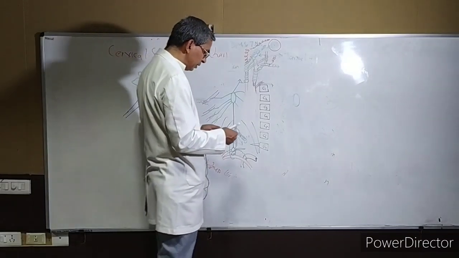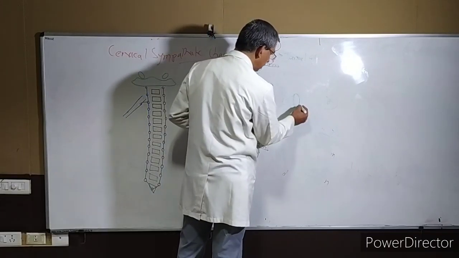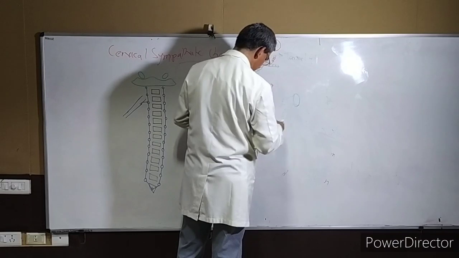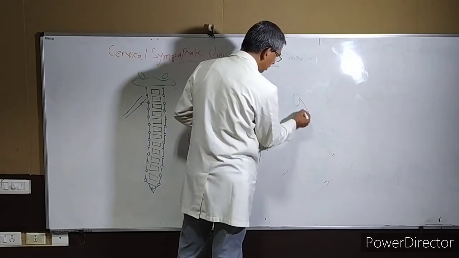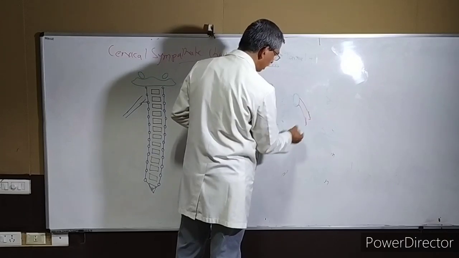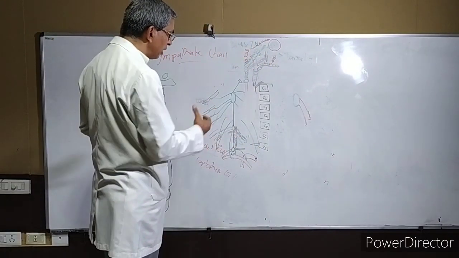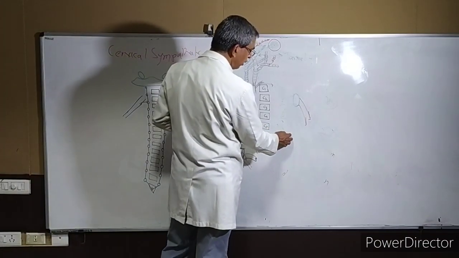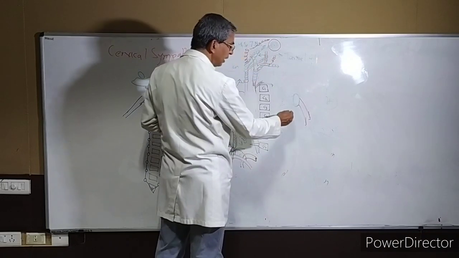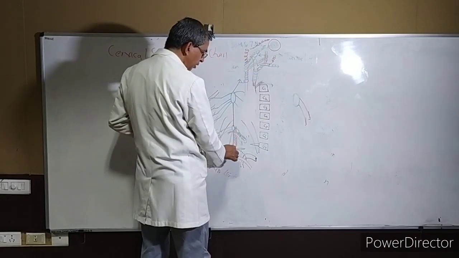These cardiac branches again descend downward. In red color, these are the cardiac branches, and these cardiac branches form the deep cardiac plexus. Now here you should understand that the cardiac branches which come out through the thoracic region ascend upward and reach the middle ganglia and the inferior ganglia.